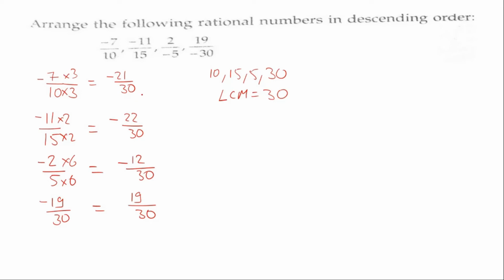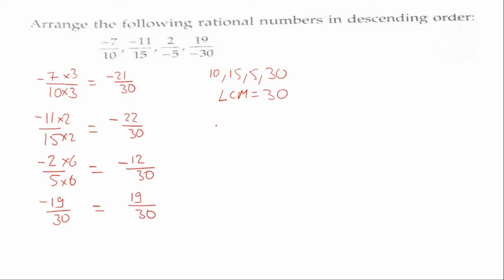So we have got the rational numbers. Now it is easier for us to arrange them in ascending or descending order. We have to arrange it in descending order. So let us arrange from greater to smaller.